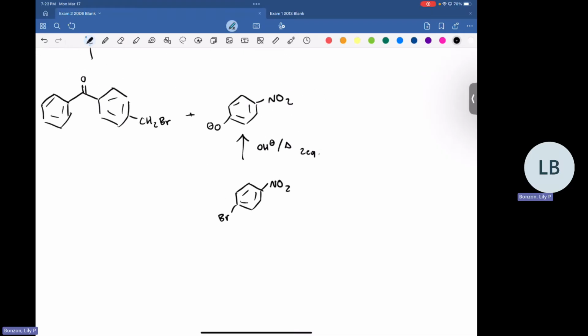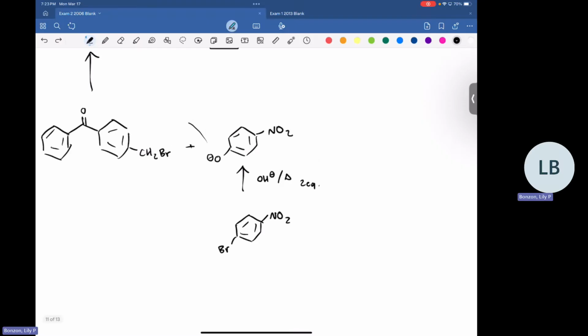So this is not exactly an SN2 reaction because it's sp2, but with these conditions, the first equivalent will replace that bromine with the OH, and then the second equivalent is to make that O minus, so that going forward, we have an easier time doing this substitution.